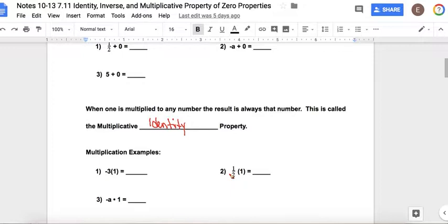So anytime we multiply a number by 1, we're going to get the exact same number. So example 1, negative 3 times 1 equals negative 3. 1/2 times 1 equals 1/2. Negative a times 1 equals negative a.